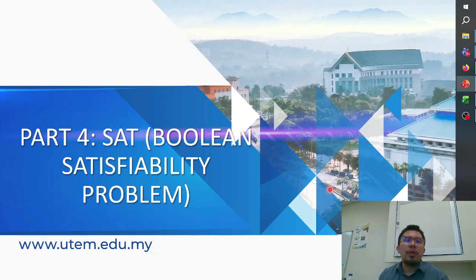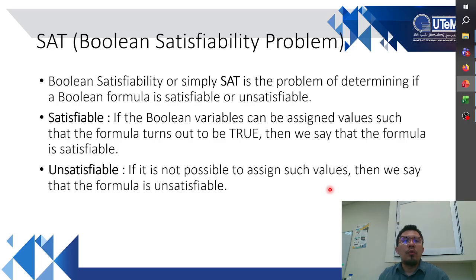Okay, SAT, the Boolean satisfiability problem. SAT is all about how to satisfy the Boolean problem. Boolean satisfiability is the problem of determining whether a Boolean formula is satisfiable or unsatisfiable. Satisfiable means it can be solved, which means the output is 1. Unsatisfiable means the output is 0.